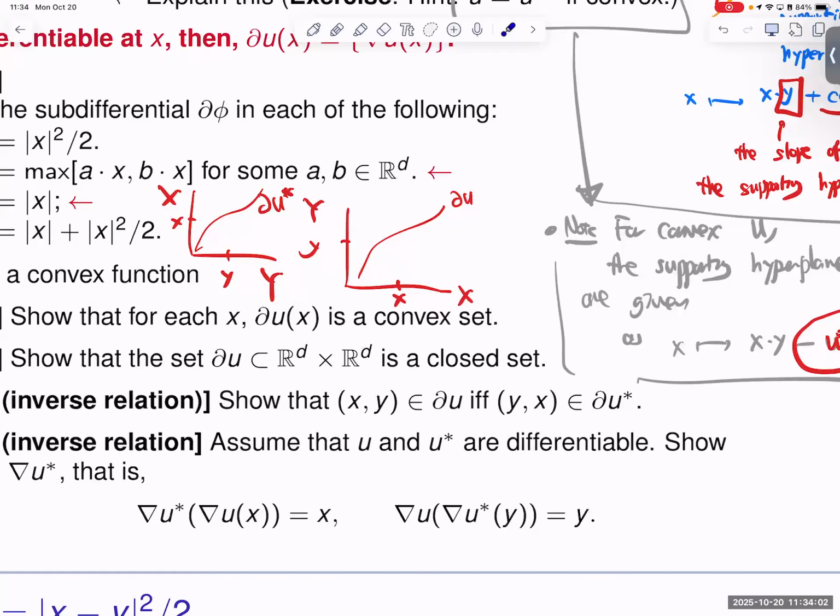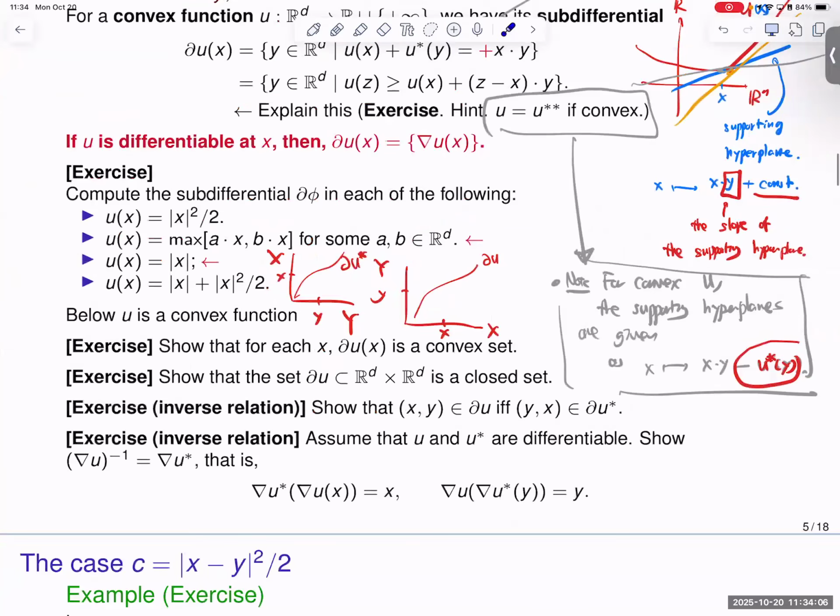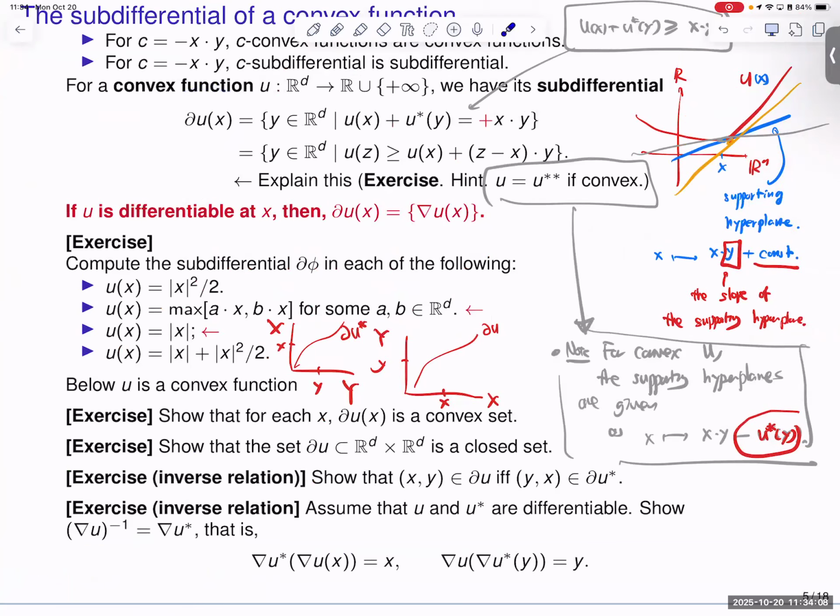If you remember, when u and u star are differentiable, the subdifferential of u is nothing but the gradient, if u is differentiable.